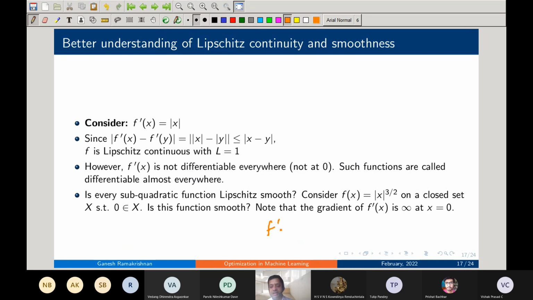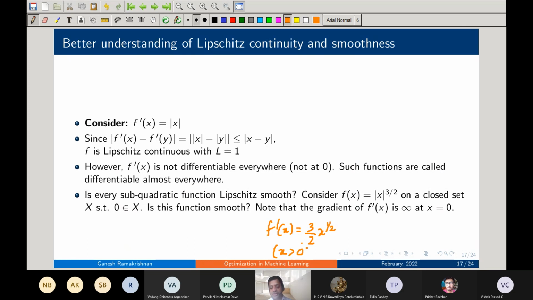f dash x. Okay, so the gradient of f dash x for this function is infinity at x equals 0. So let's consider this specific example: f dash x is 3 by 2 x raised to half.